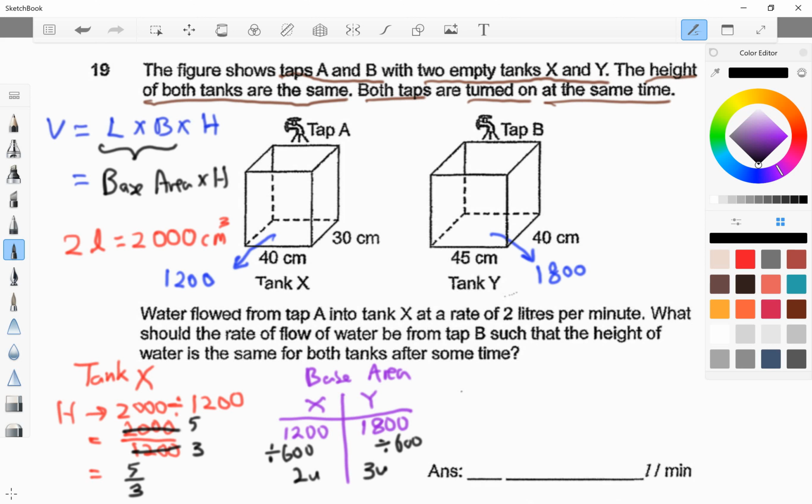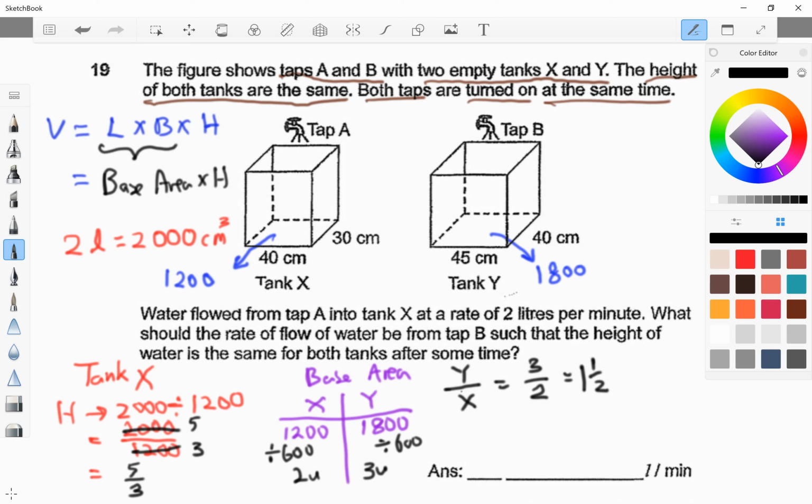Which means the base area of Y is 3 out of 2 of X. It's actually 1.5 times the base area of X.